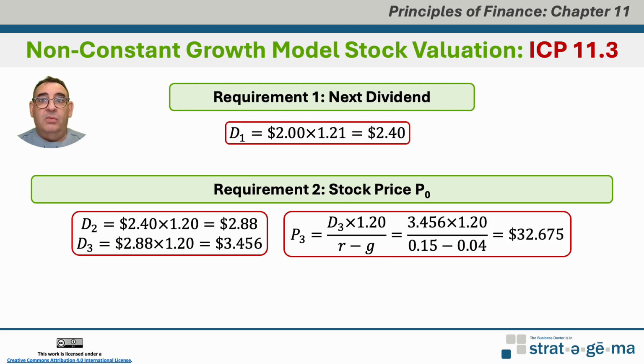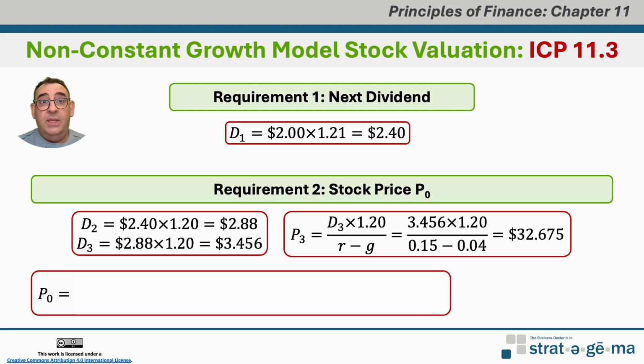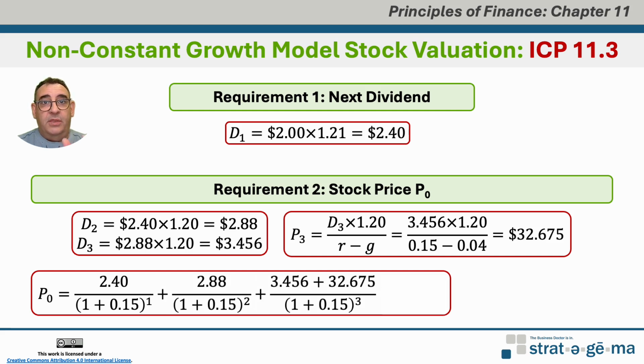So that gives us P3 of 32.675. P0 then, if we look at it the long way, is equal to $2.40 divided by 1.15 to the 1, plus 2.88 divided by 1.15 squared, plus, and that third term is key, the D3 plus P3, 3.456 plus 32.675 divided by 1.15 cubed. That's 28.02.